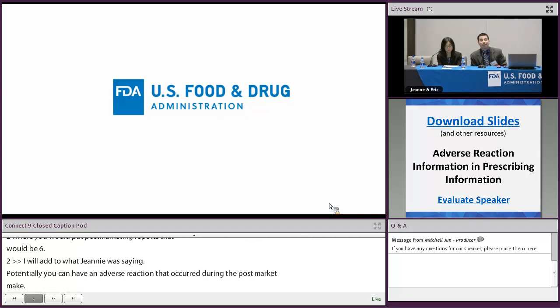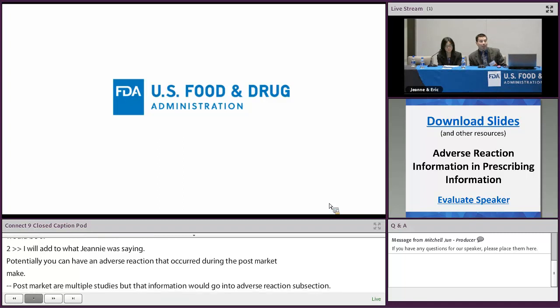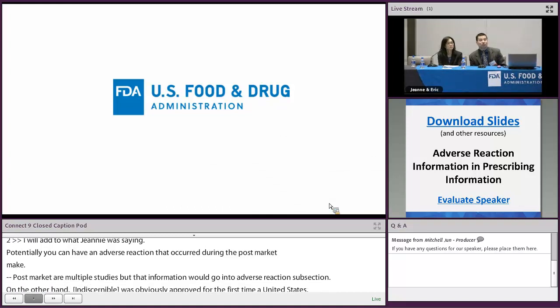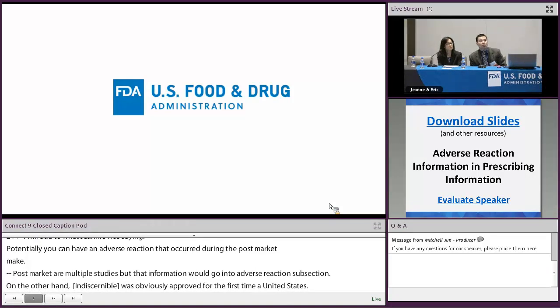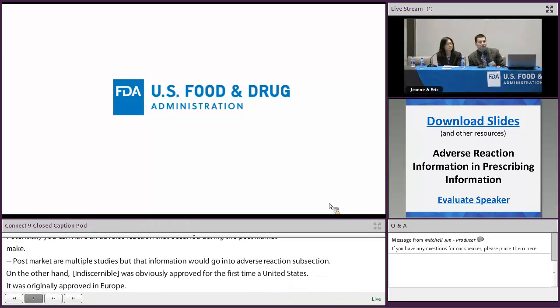On the other hand, you may have an NME approved in the United States for the first time, but if there are spontaneous reports and the product was originally approved in Europe, those adverse reactions from spontaneous reports from Europe would go into the post-marketing experience subsection of the adverse reactions section.